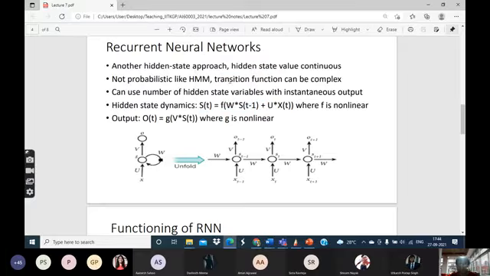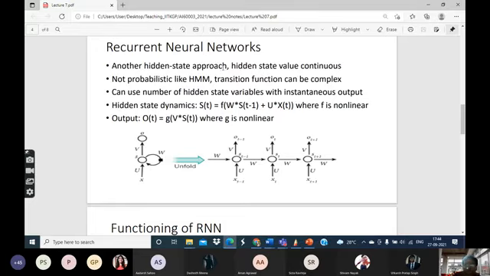The other is that this transition function is quite complex. That is, it does not need to be a linear function. This f can be a non-linear function. This W and U can enforce various kinds of transformations on the input as well as on the previous value, etc. So these dynamics can be complex, unlike HMM.